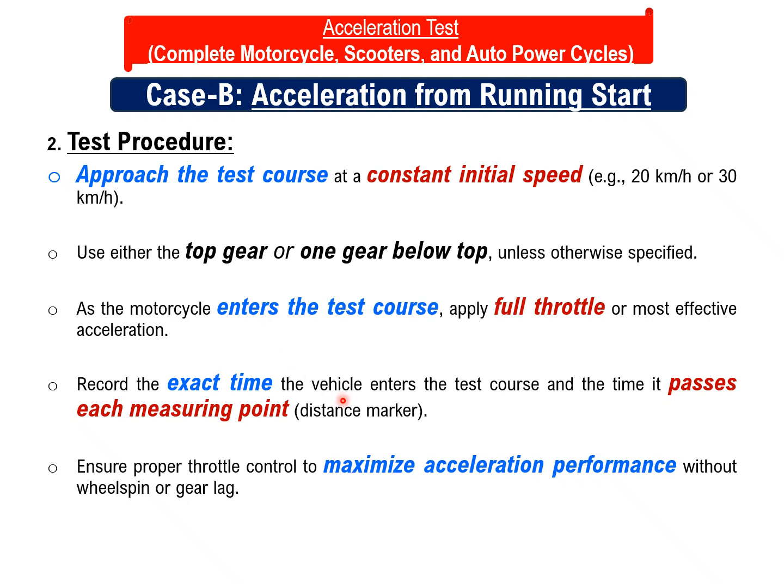Record the exact time the vehicle enters the test course and the time it passes each measuring point, each distance marker that we have already defined, that is 50 meters, 100 meters, and 200 meters. Ensure proper throttle control to maximize acceleration performance without wheel spin or gear lag.